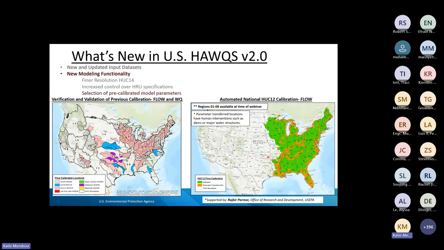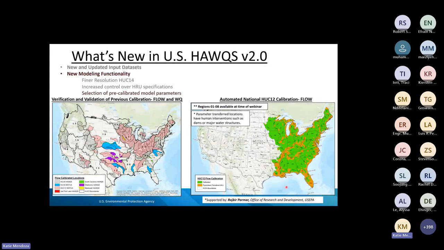Additionally, through some work that was supported by the Office of Research and Development by Rajbir Parmar, we also are in the process of creating a complete HAWQ-12 calibrated data set across the entire model. How we are doing that is flow calibration.